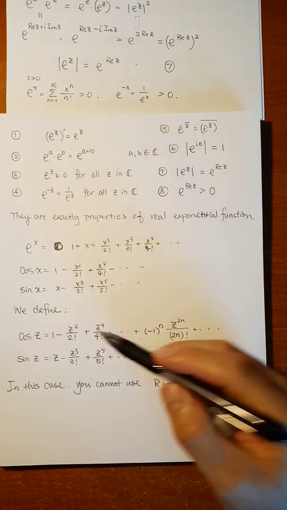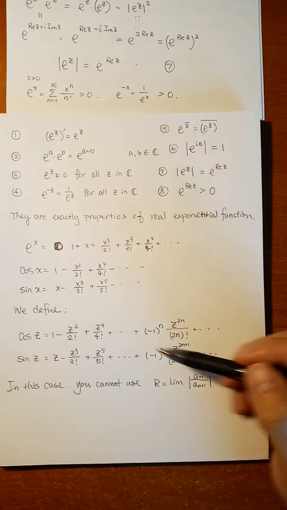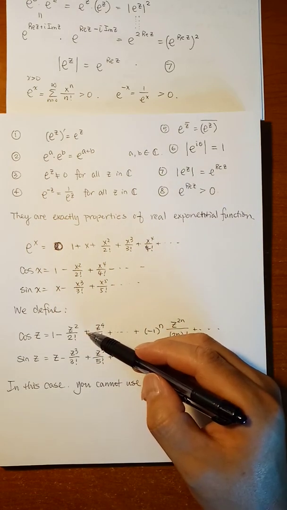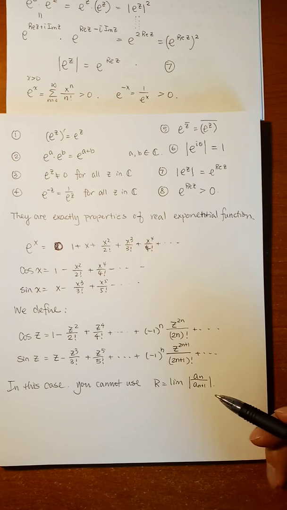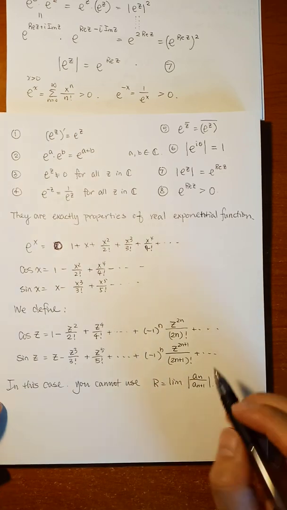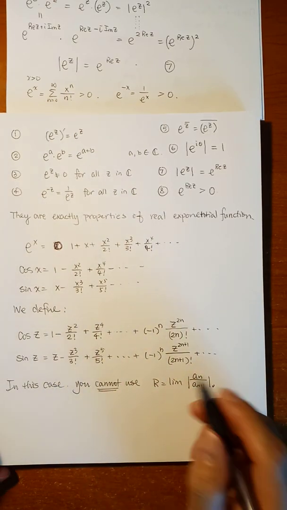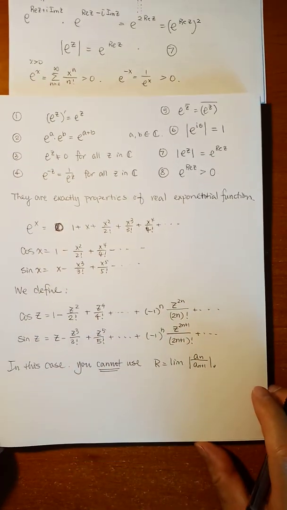Here there's no z, so a1 is 0. There's no z cubed, so a3 is 0. So there are infinitely many a_n which are 0, so you cannot put them in the denominator. So this fails. You cannot use it. You have to use the definition. A similar thing happens for the sine.